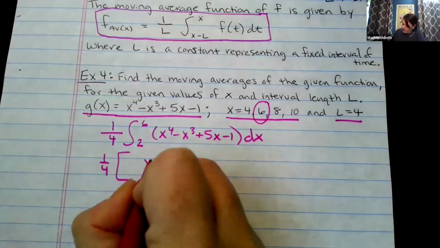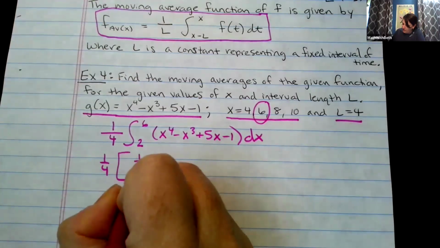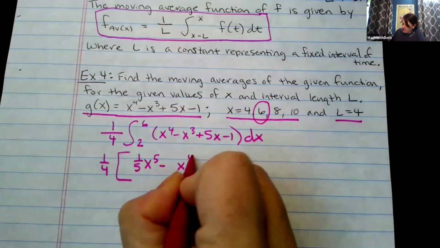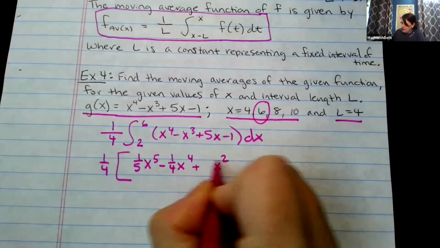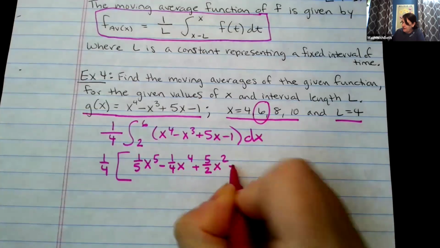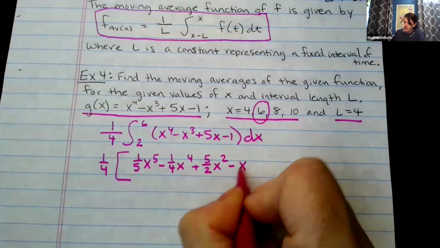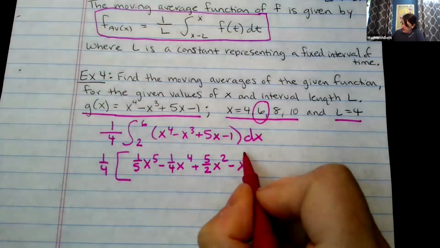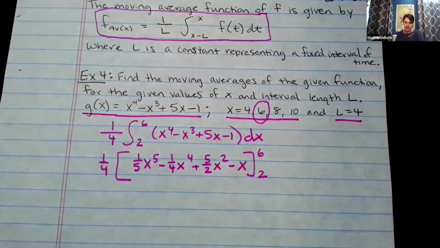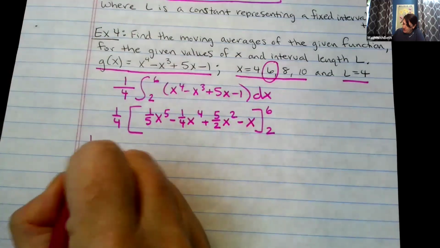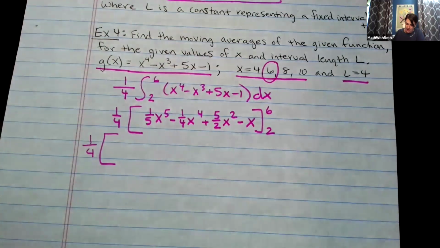I'm going to do the antiderivative. So I'm going to add 1 and divide by that. Add 1, divide by that. Add 1, divide by that. And the antiderivative of 1 would be x. And I'm going to plug in 6, see what I get, and subtract what I get when I plug in 2. So again, saving the 1/4 for the end.